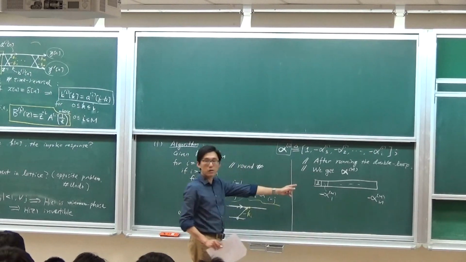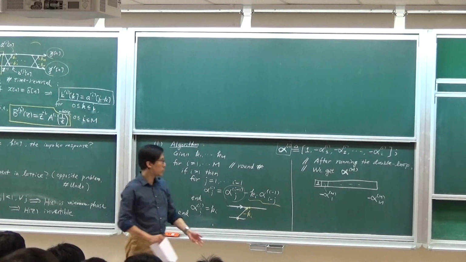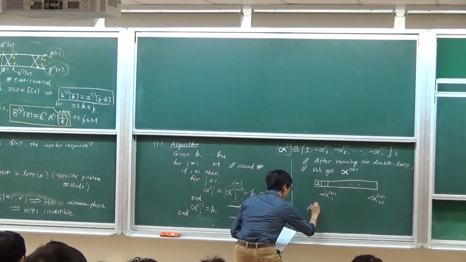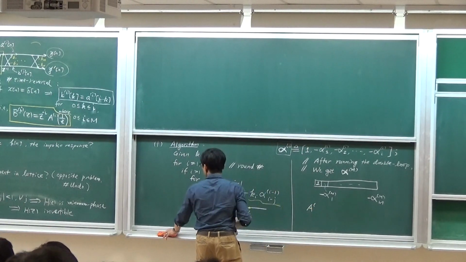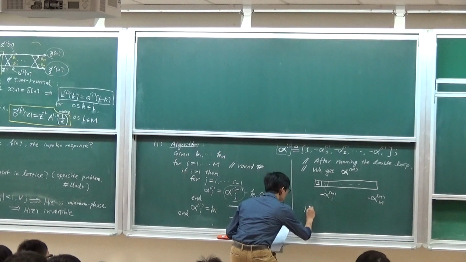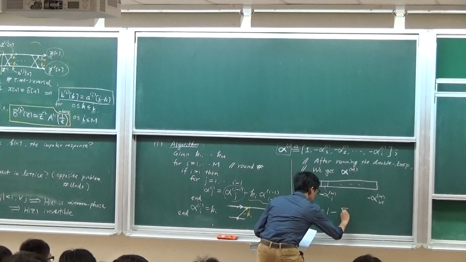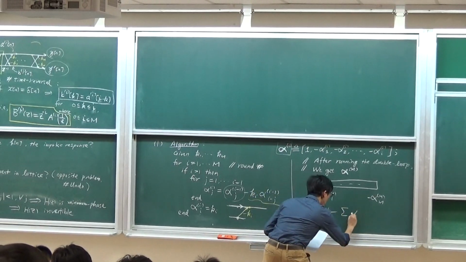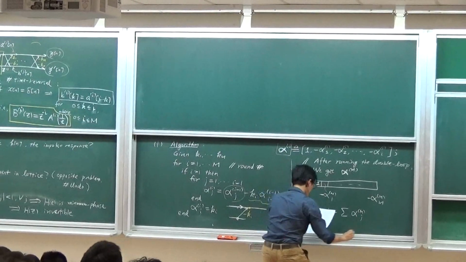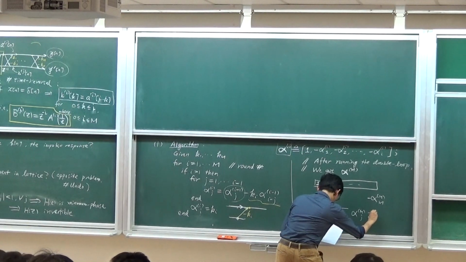And how does this array relate to the impulse response we want to calculate? The result is quite simple, so let me share it with you. It turns out that H of z will be exactly 1 minus the summation of alpha m j z to the minus j.